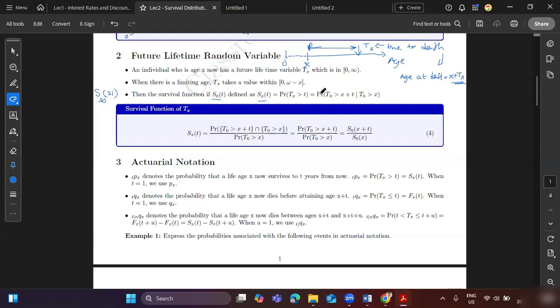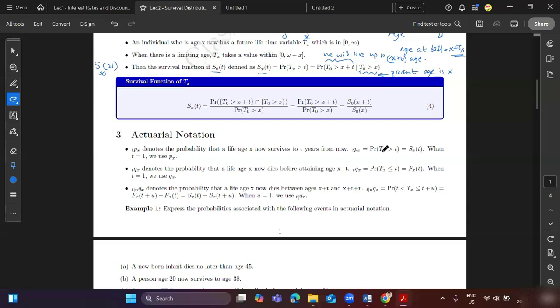So the probability that Tx is greater than T is the same as the probability that T naught is greater than X plus T, given that T naught is already greater than X. This part says the present age is X, and this part says he will live up to age X plus T. So that's the meaning.